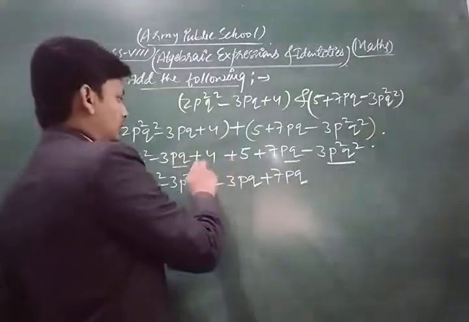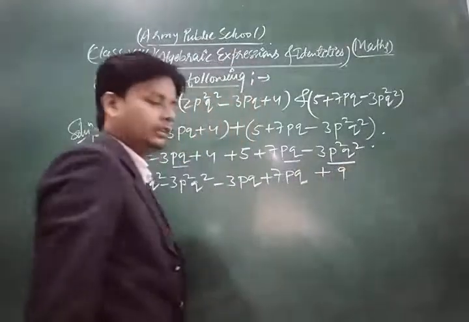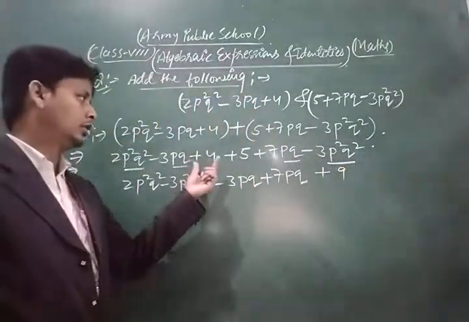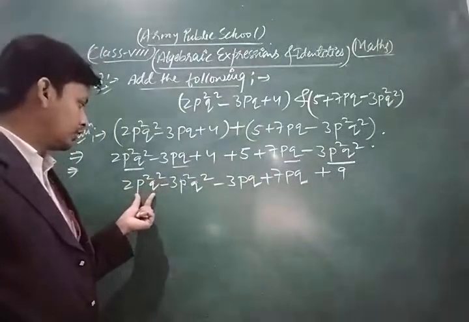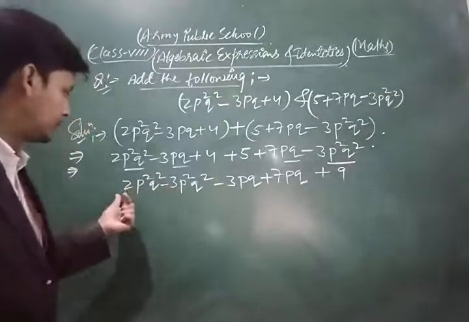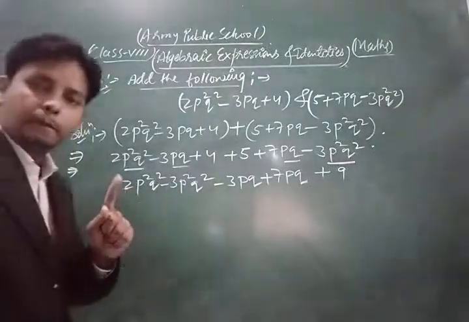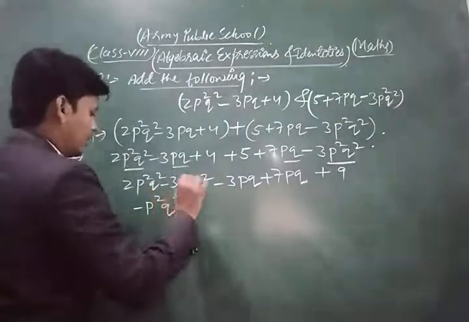The constant terms are plus 4 plus 5, that is plus 9. Now 2p square q square and minus 3p square q square are like terms, so minus 3 plus 2 gives minus 1, so minus 1 p square q square.